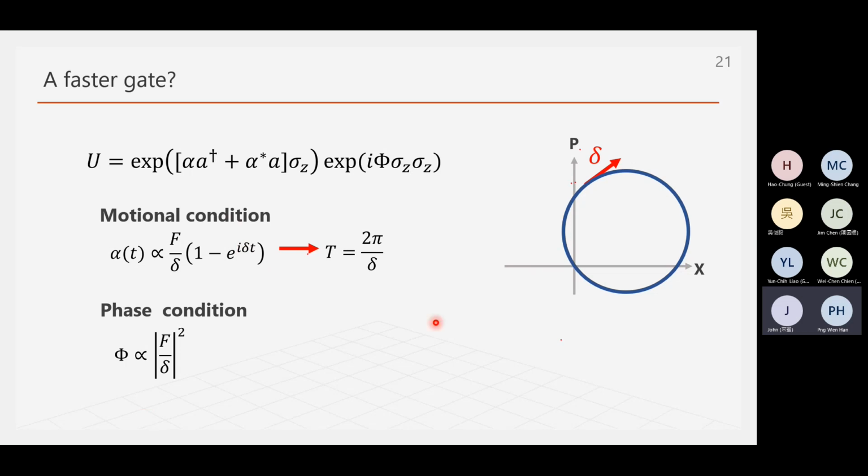All right. And now we ask the question, how do we make a fast gate? You could see immediately that we can increase the detuning, but this comes at the cost of this phase condition, which is we need to maintain this ratio to be pi/4, which means the force needs to be increased to a certain amount to maintain the pi/4 ratio.